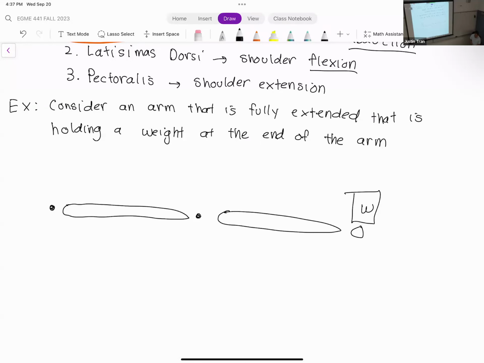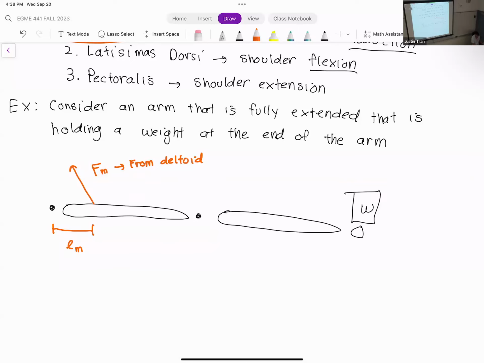Okay. And so this is going to look quite similar to our previous examples, except that we have an extra body segment to take into account. All right. And so the primary muscle that we're going to be looking at here is the deltoid. So the deltoid has a muscle force that's pointing in that direction. And just like we usually do in these examples, we're going to assume that we know the distance of where it attaches.